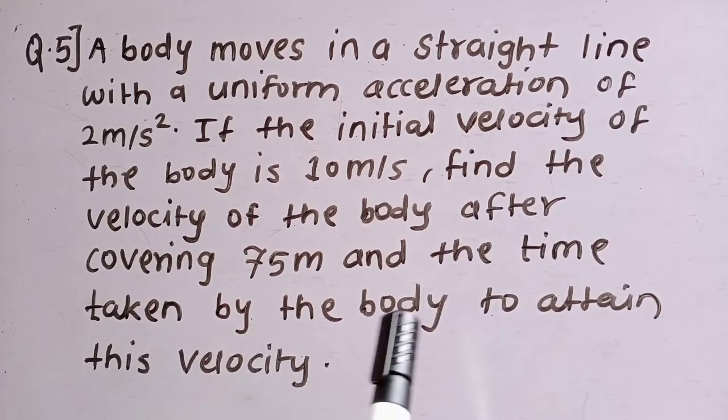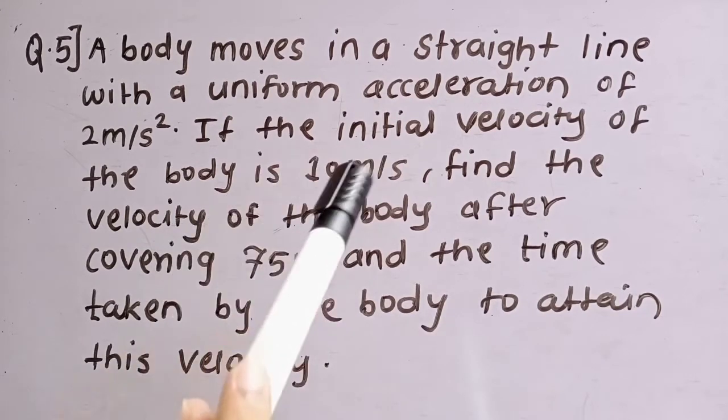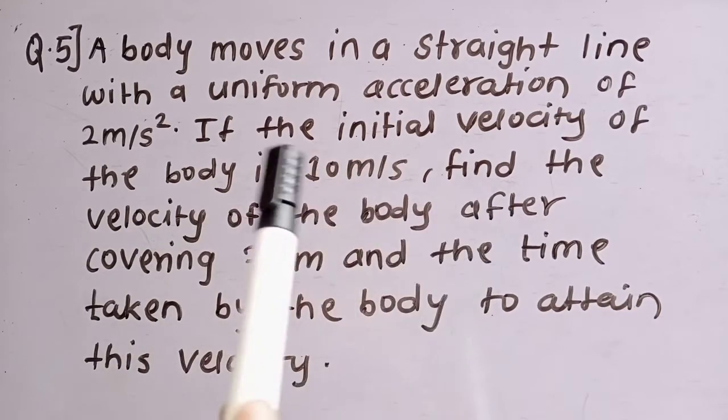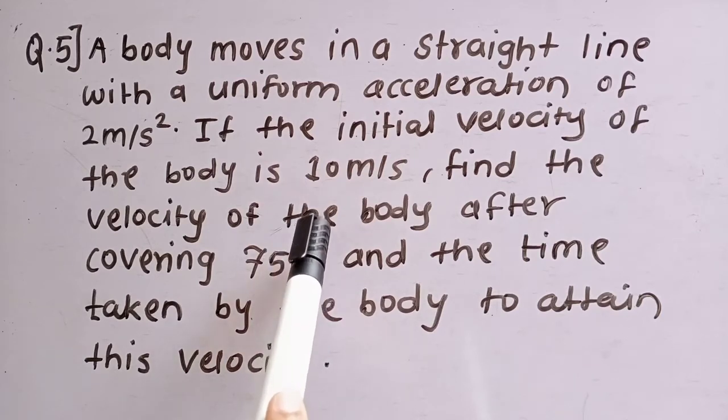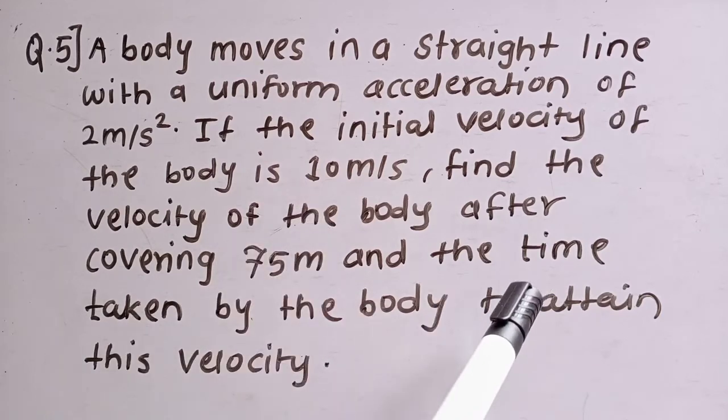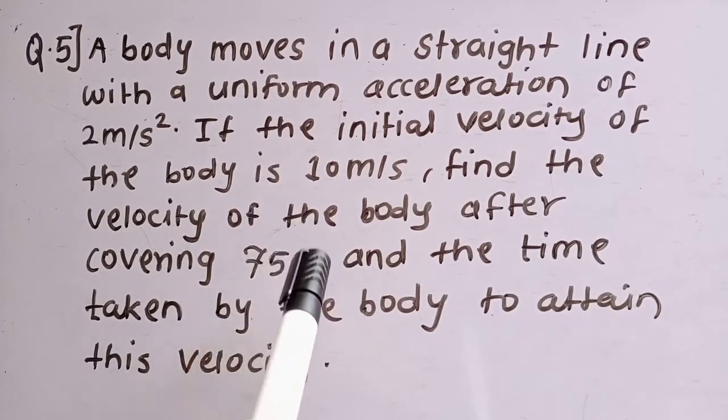Now you have to find velocity of the body after covering 75 meter, means what? You have to find final velocity v, and also you have to find the time taken by the body to attain this velocity, in which time duration or in how many minutes or seconds the body attains the final velocity after covering 75 meter.